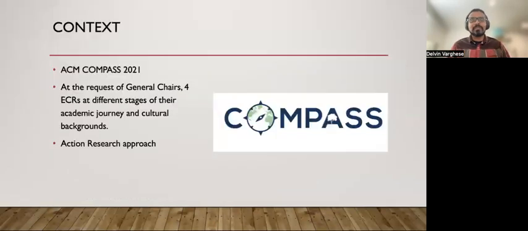The context for this paper is that during ACM Campus 2021, the general chairs of that conference invited us, four different early career researchers at different stages of our academic journey, to help them run a shadow program committee.